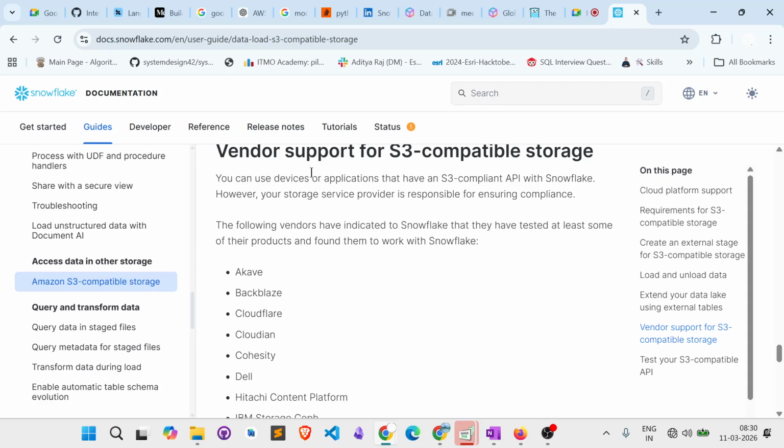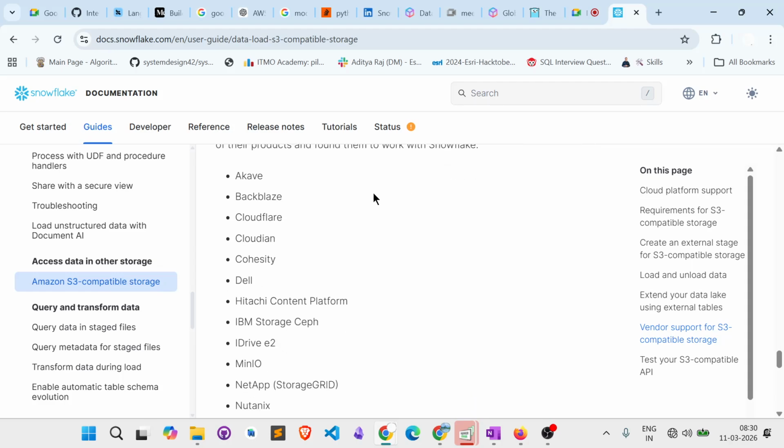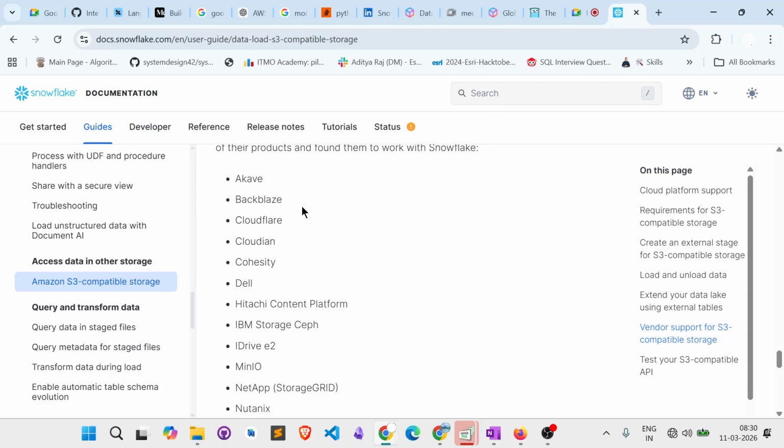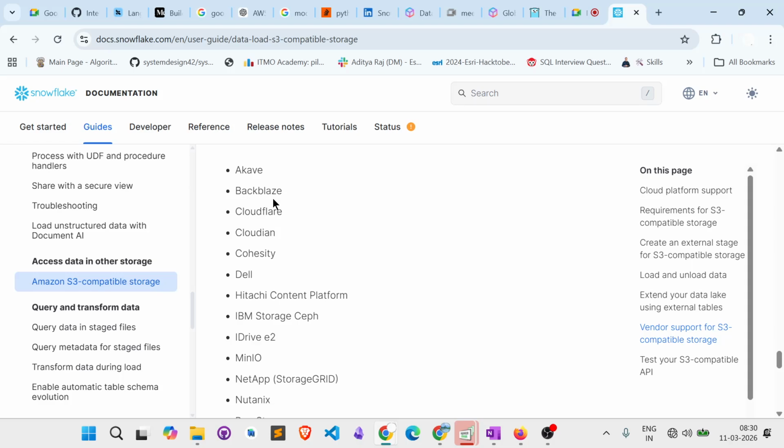You can also see the vendors that support S3 compatible storage, all the companies who are using Snowflake: Backblaze, Cloudflare. So one of the big tech companies, even OpenAI is using Cloudflare, and they are using Snowflake. So you can see how much in-demand this technology is.